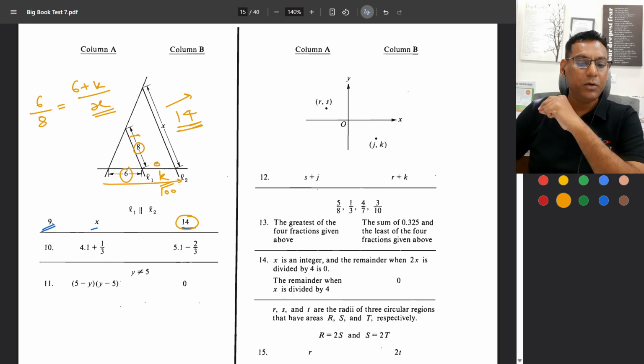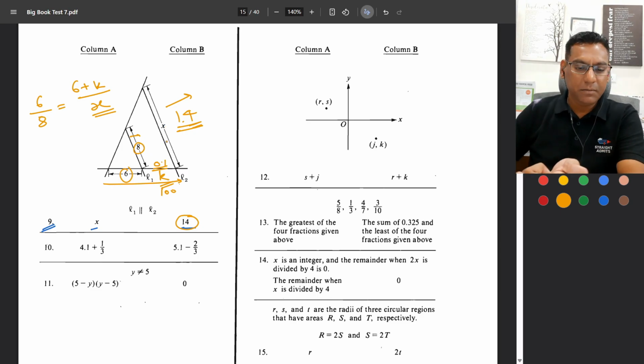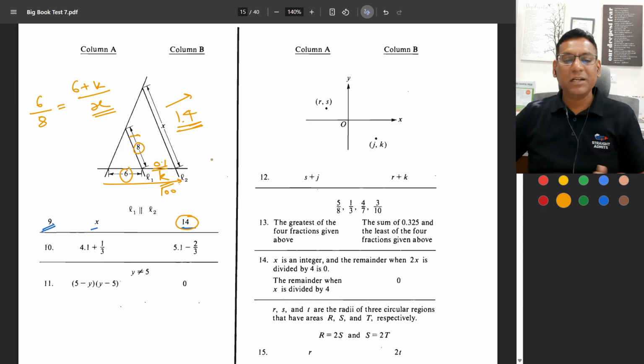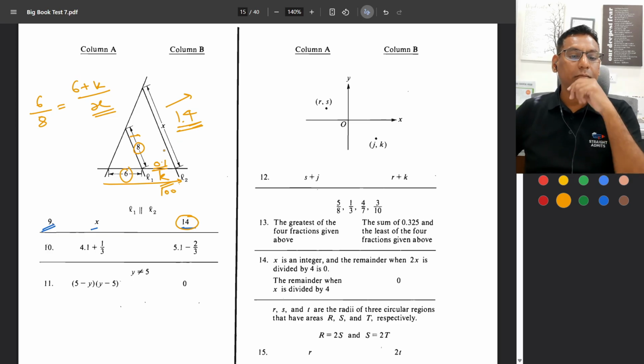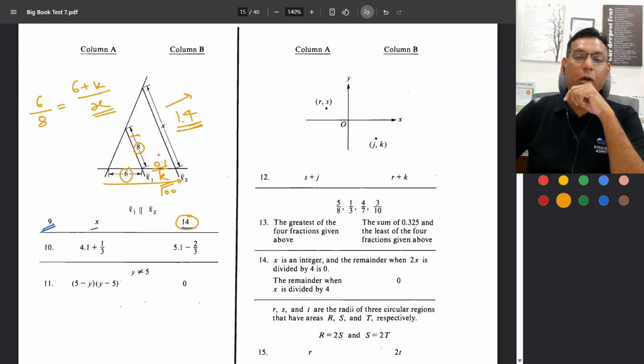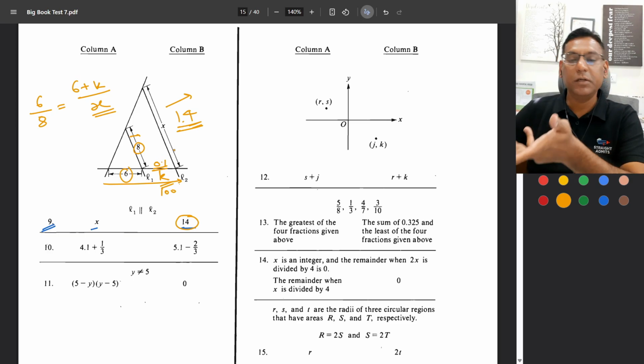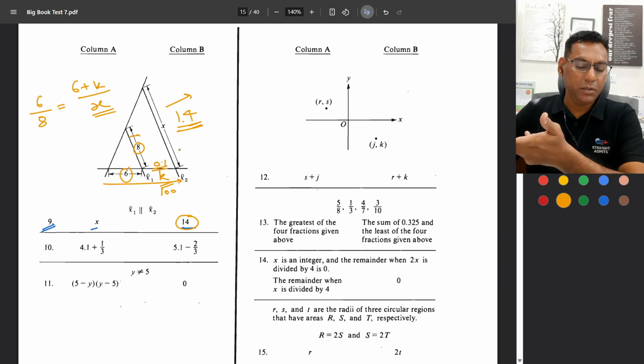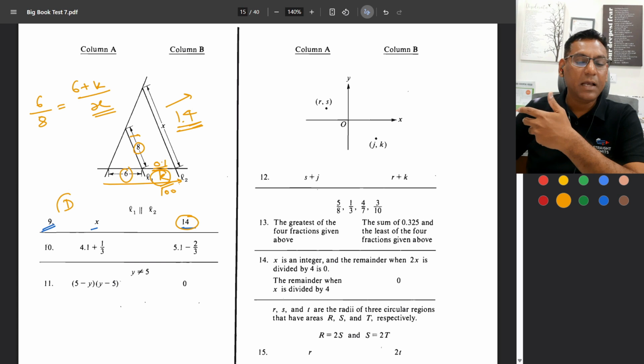This is, let's say, 0.1. Okay, then this is going to be something, let's say, 8 point something. Okay, approximately. So I don't really know whether x is greater than 14 or not. It could be 14, it could be greater than 14, it could be less than 14, because I don't have any control on this K. So I can't really determine. Answer choice D.